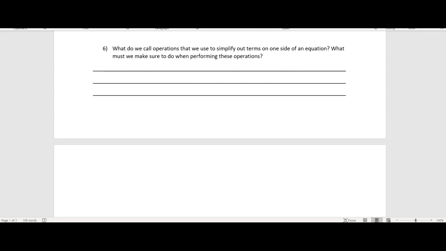Okay, so we call these operations inverse operations. And again, these are operations that undo something. So again, if I rewrite my equation, x plus 4 is equal to 8, I needed to do an operation that undid the plus 4, right?